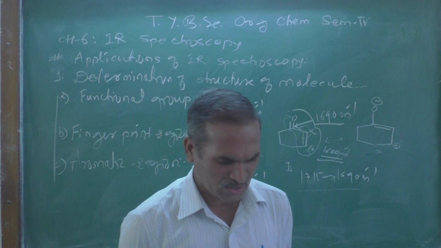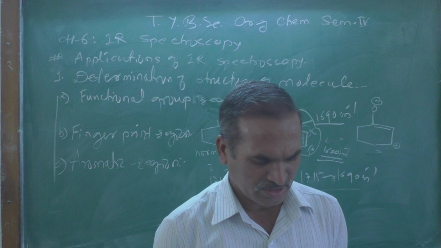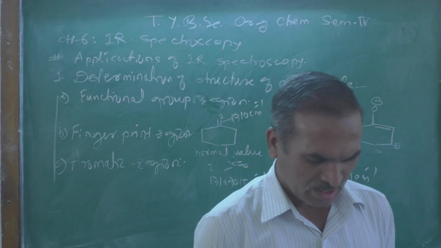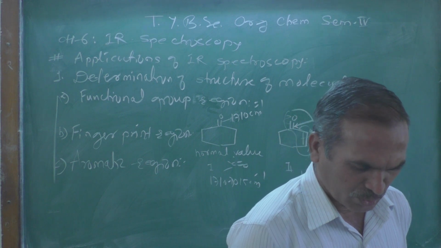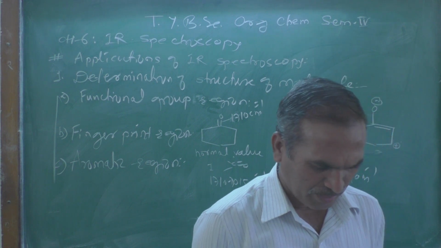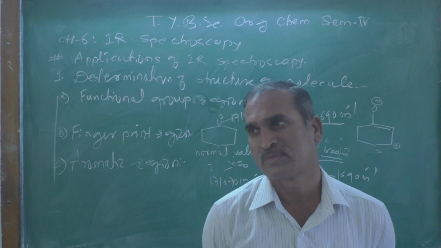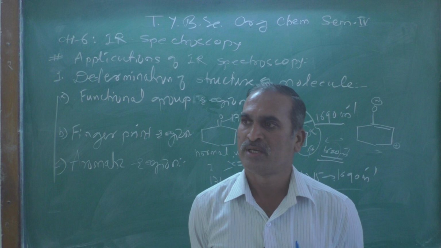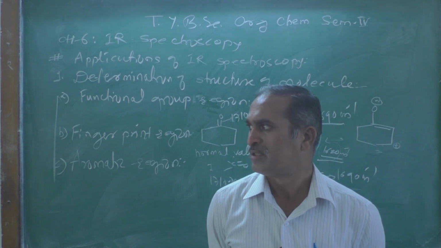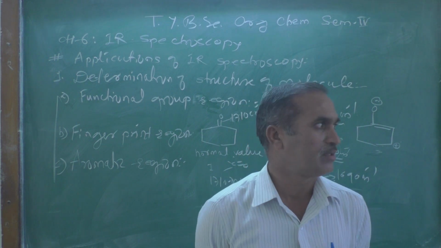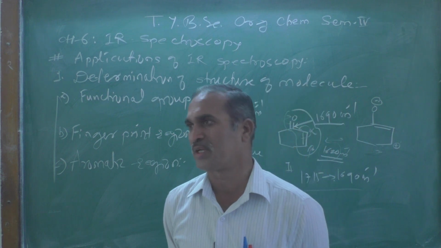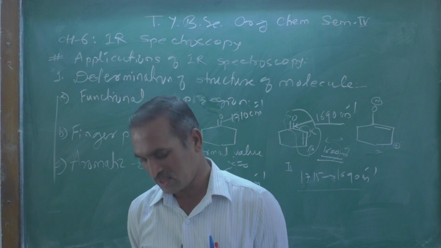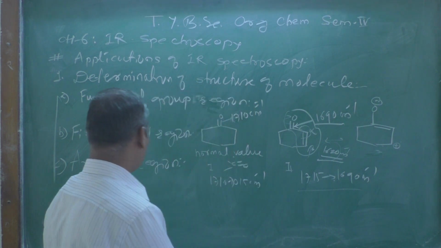And just now I already mentioned that the CH bending vibration in this region helps to know the substitution pattern in aromatic compounds. Generally benzene may be ortho substituted, meta substituted, or para substituted. That type of pattern we can also understand.